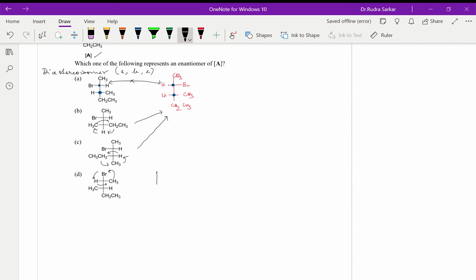So if we do, we get something like this, right? We get Br, we get CH3, and we get H, and we get CH3, we get H, we get CH2, CH3, right? Now if you check this molecule and this one, then these two look like the mirror images of each other. So we will say the correct option over here is going to be D.